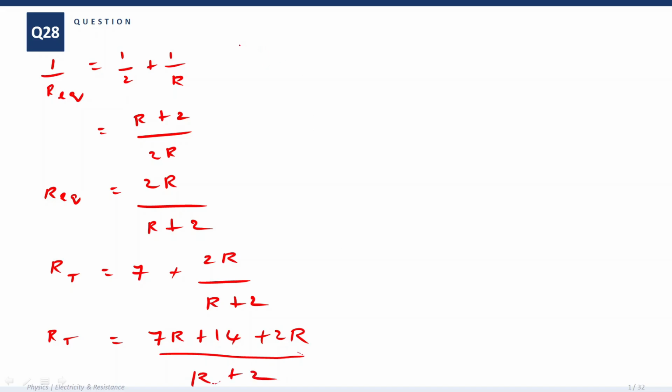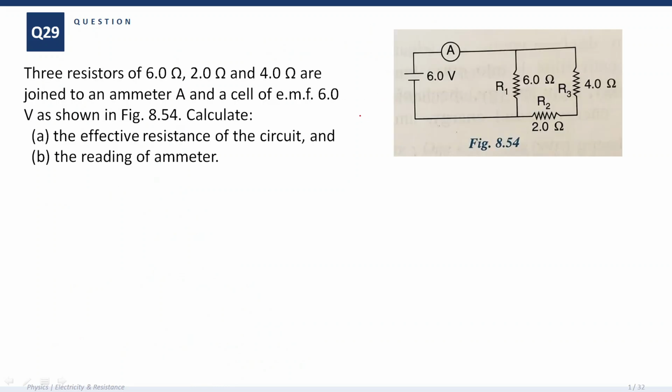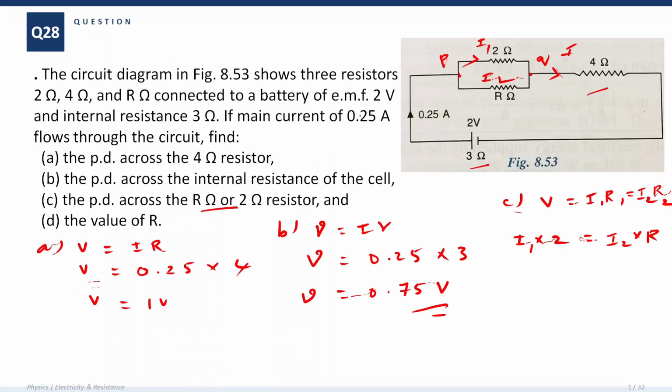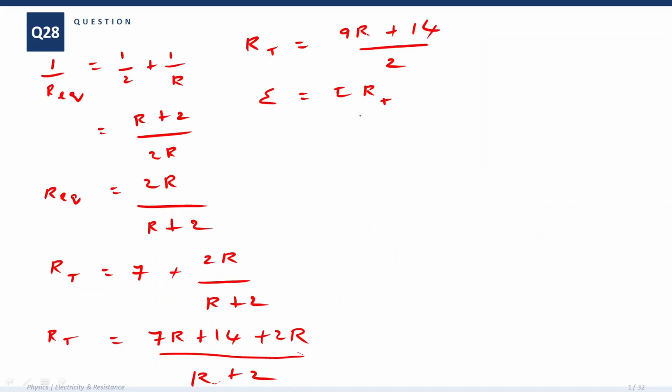Then the total resistance RT can be written as 9R plus 14 by R plus 2. Okay, using Ohm's law for electromotive force, epsilon equal to I RT. Epsilon given in the circuit? What is given epsilon? Epsilon given 2 volt. So it is 2.